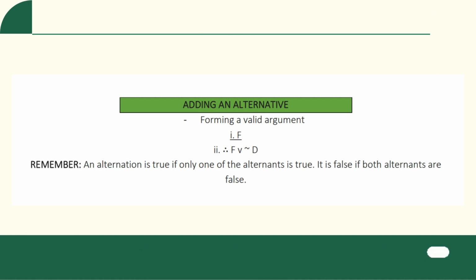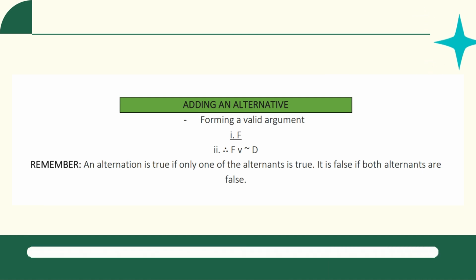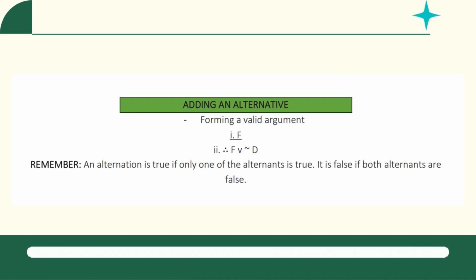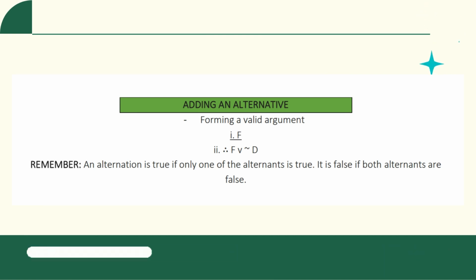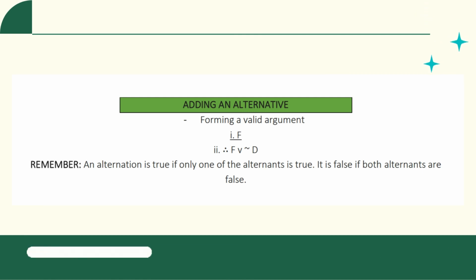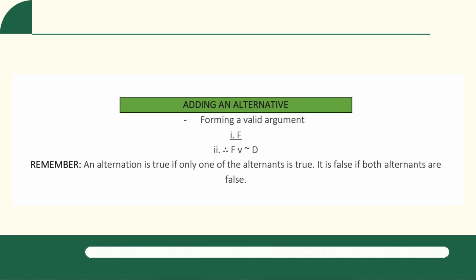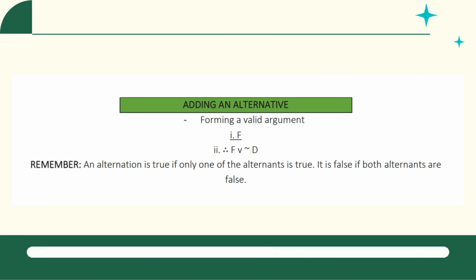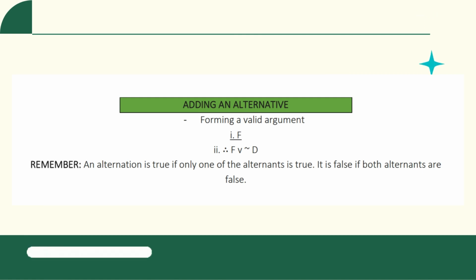Premise 1, FPJ is running for president. Premise 2, therefore, FPJ is running for president or Danding is not running for president. Remember, an alternation is true if only one of the alternants is true. It is false if both alternants are false.